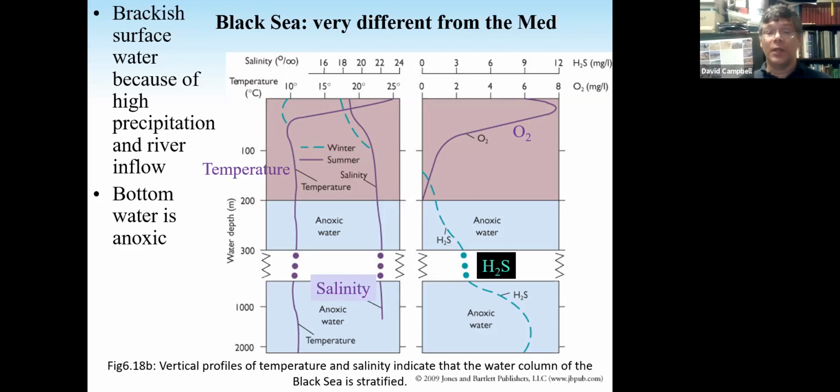As you go deeper down, water is saltier, but also there's no deep water connection between the Black Sea and the Mediterranean or any other water body. And so that deep water in the Black Sea is trapped and gets stagnant. So we have temperature. There is a thermocline in the summer, not much difference in the winter.